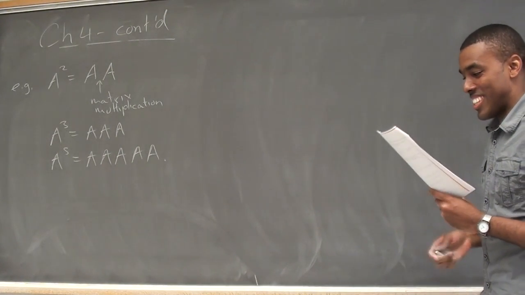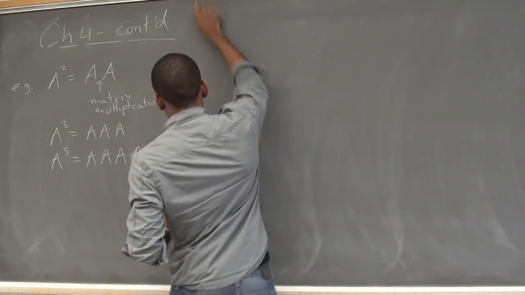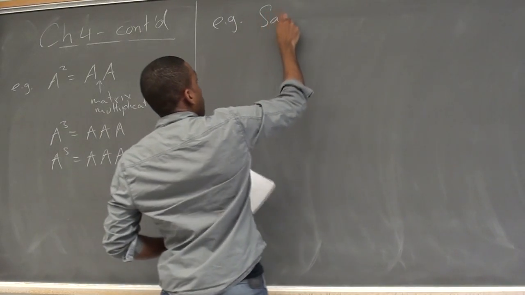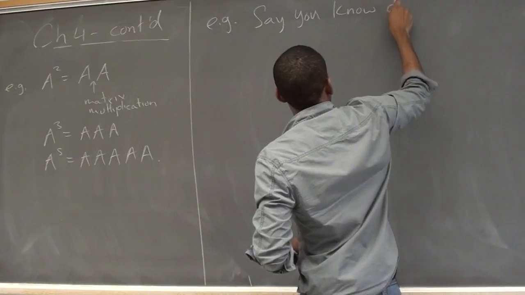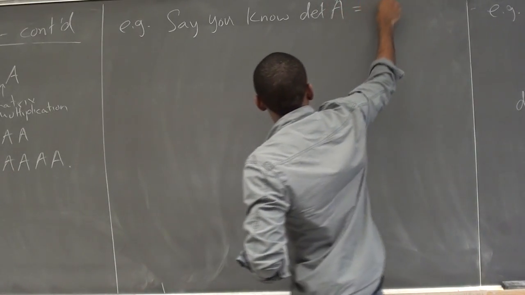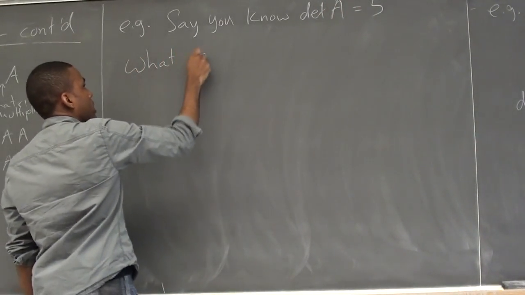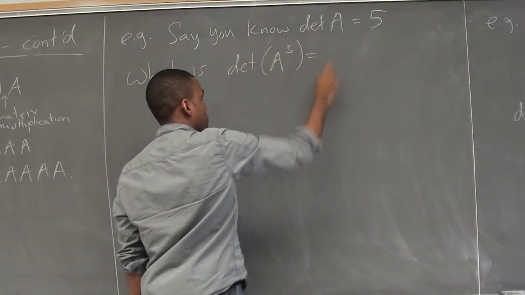Okay. So let's do a mini example. Say you know the determinant of A is equal to 5. What is the determinant of A cubed? 5 cubed.